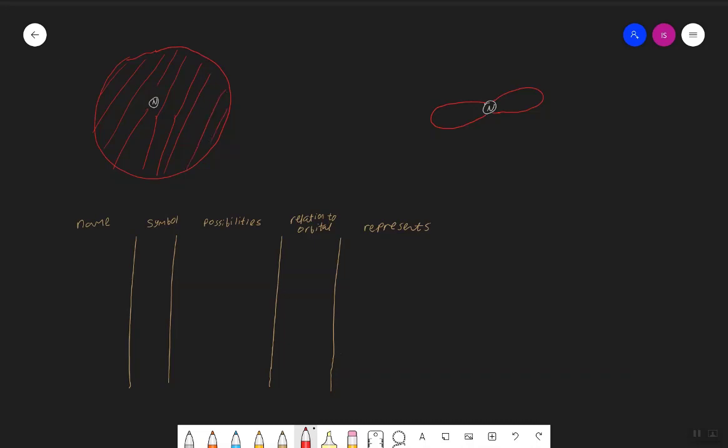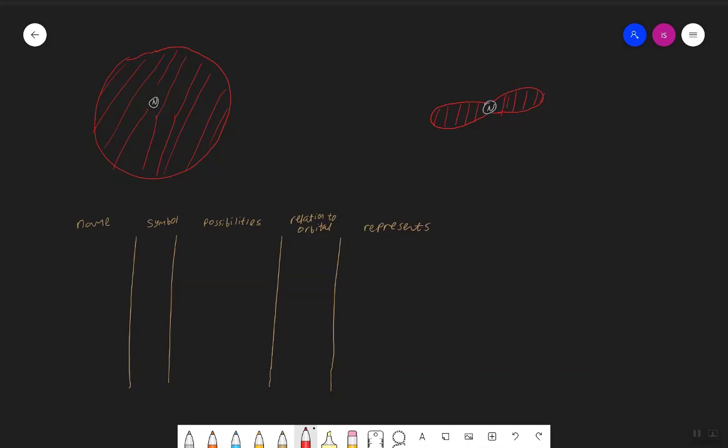And it doesn't have to be shaped like a circle around the nucleus. It could be shaped like this. And we'll talk about what the shapes are, and we'll actually mathematically show how we know what these shapes are, which is very cool.